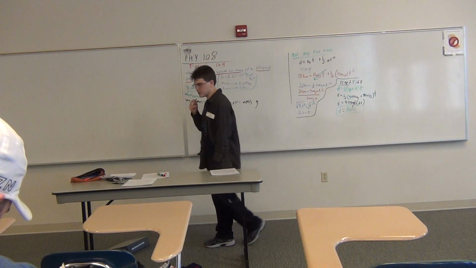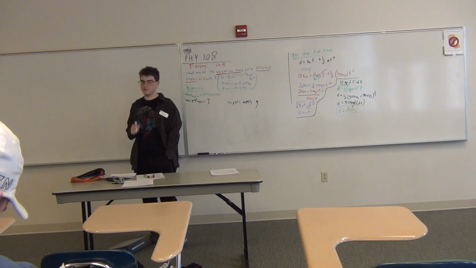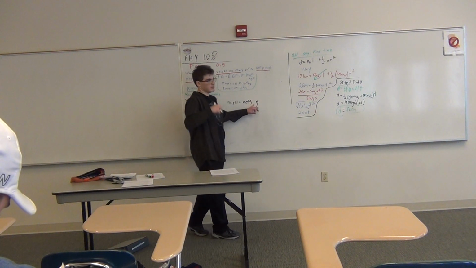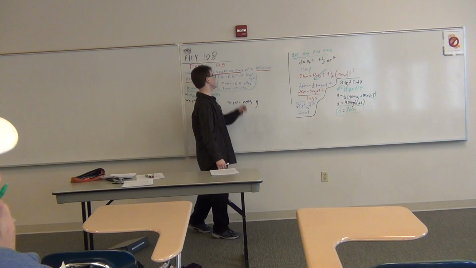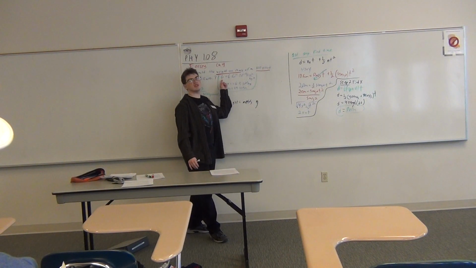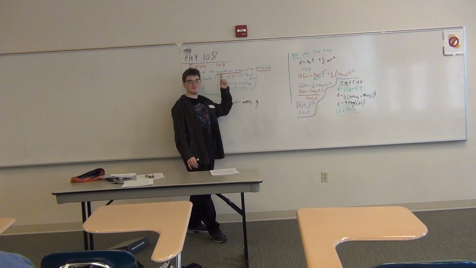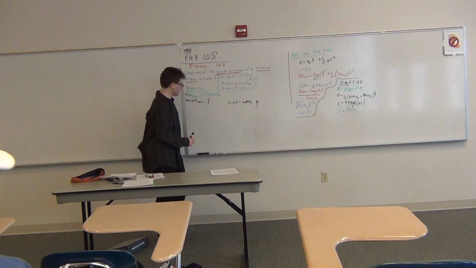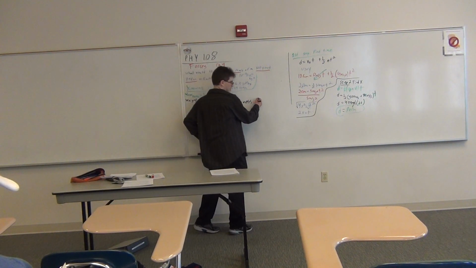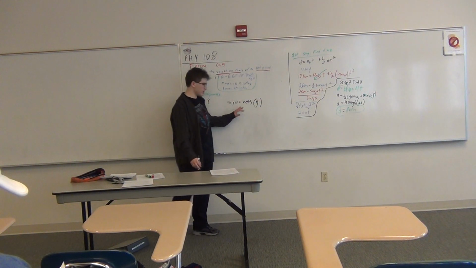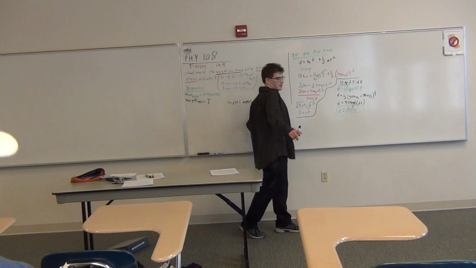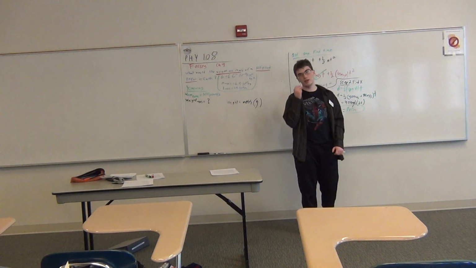I'm always going to say what I'm referring to with gravity, because you have the acceleration due to gravity, the force of gravity, and the universal gravitational constant. It helps you understand what is going on. So weight is the mass times the acceleration due to gravity.